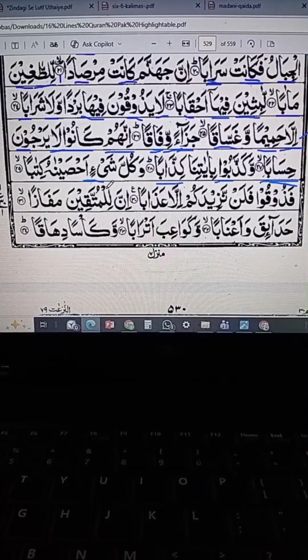After tanween, if we find the hamza, the four rules for noon sakina and tanween, one of them is izhar. The definition of izhar: after noon sakin or tanween, if we find the hamza, we will not do gunnah here. We will not read it like that. We have to read only shay'in.